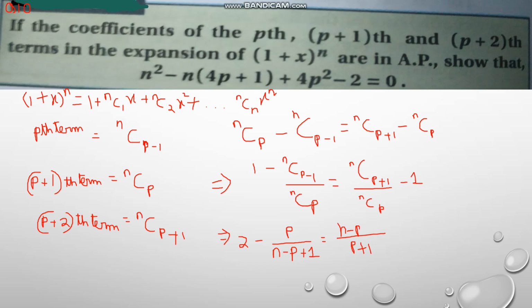We can write this as p plus 1 minus 1, plus 1 minus 1 is allowed. Now this plus minus 1 is added here.